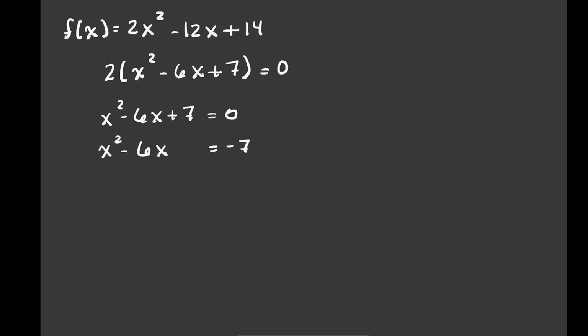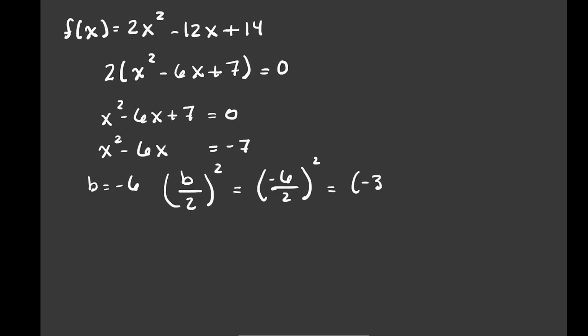Now I take my b value, which is negative 6, and I divide it by 2. And whatever I obtain, I raise to the power of 2. So my p value is (negative 6 divided by 2) squared, which is negative 3 squared, which is equal to 9.